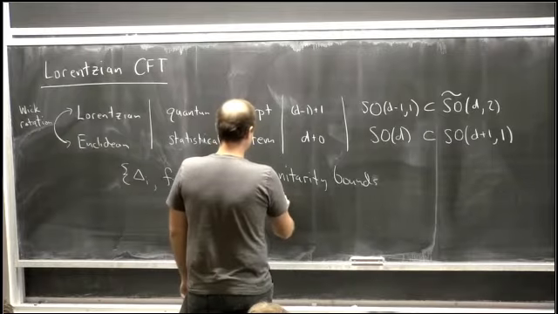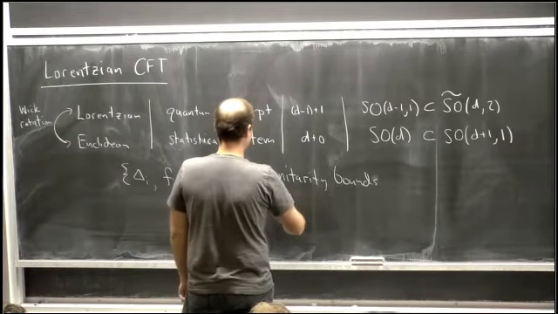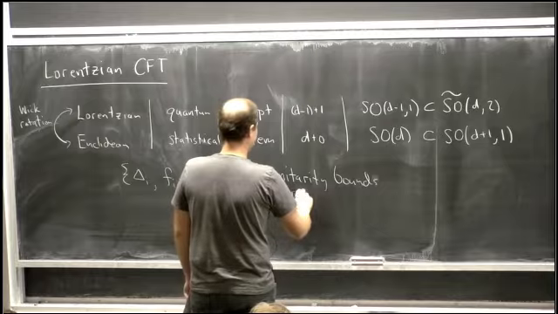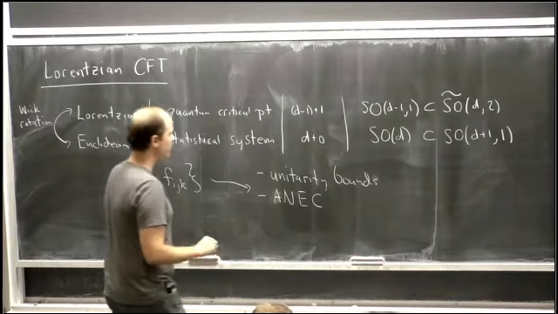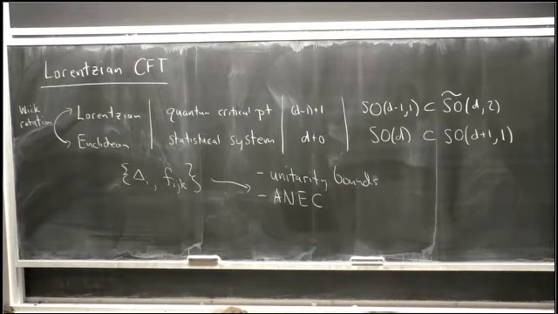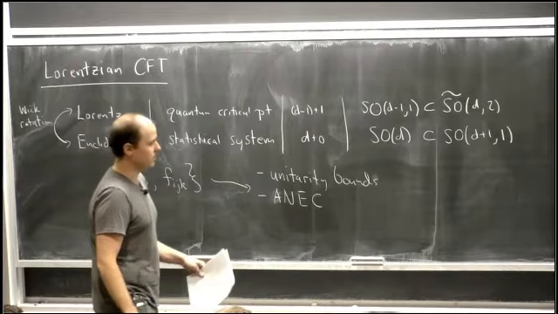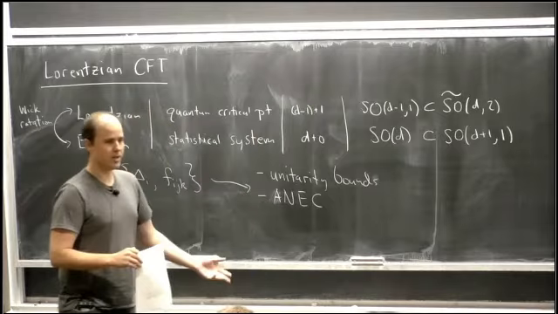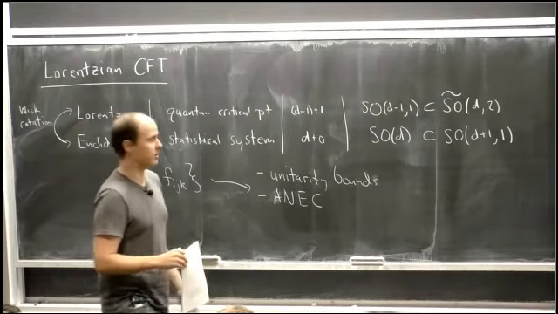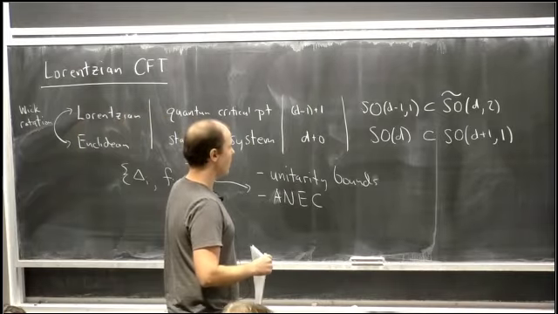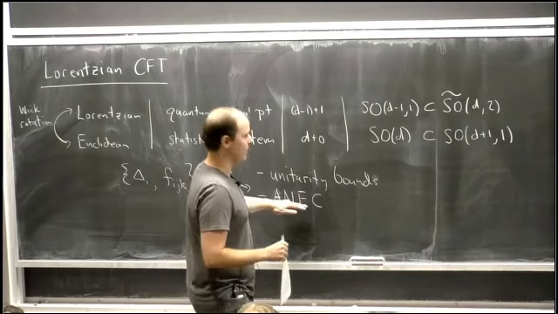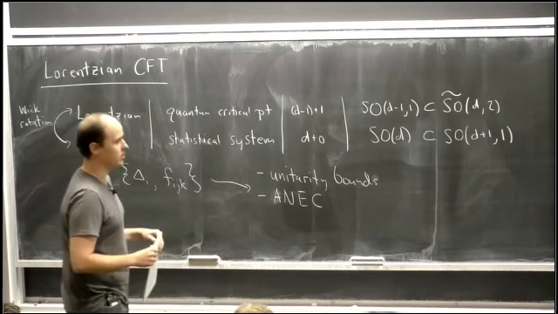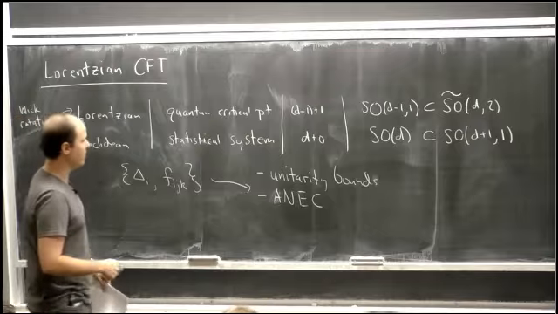Another example that we'll try to get to in this course is the average-null energy condition. This is a positivity condition on CFT data that you can't even really formulate in Euclidean signature because it involves an intrinsically Lorentzian operator. I'll try to explain what the ANEC is, some of its implications, and also hopefully get to a proof of the ANEC.